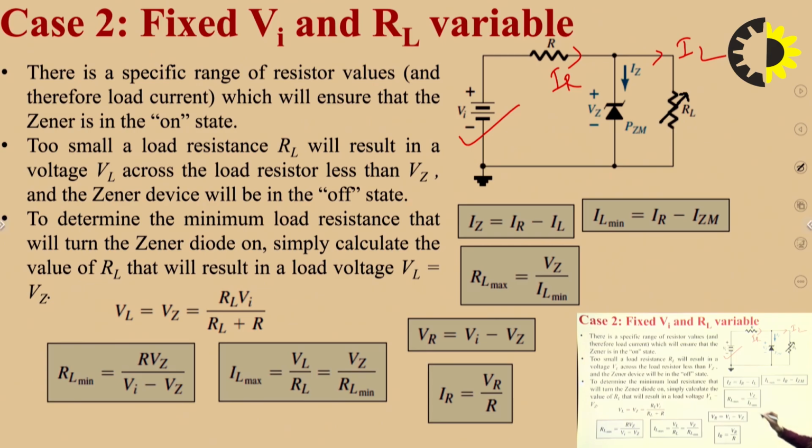So IZ is equal to IR minus IL, first part. Now I told you that you need to convert this into the form of a battery. Whatever I am saying, let us understand by considering one numerical, then you will be able to understand more clearly.